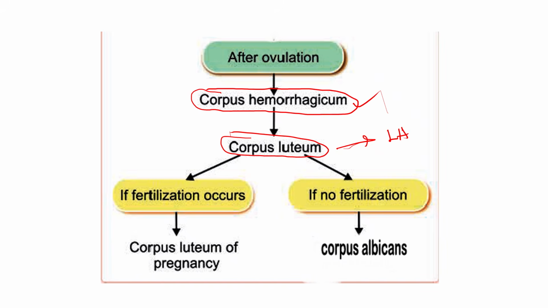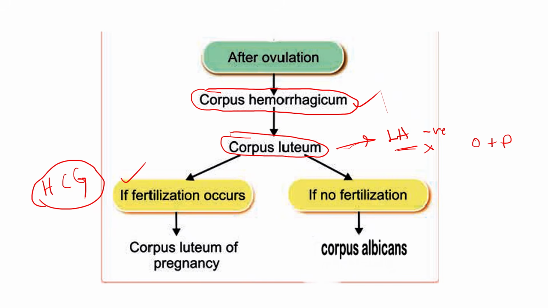And if at all fertilization occurs, the syncytiotrophoblasts will maintain the corpus luteum by secreting HCG, because LH is inhibited by circulating estrogen as well as progesterone. So no more LH once the luteal phase is about to be over.